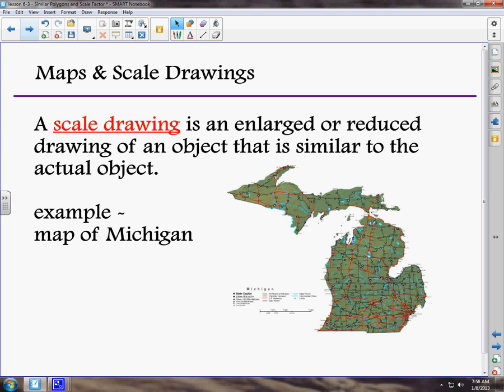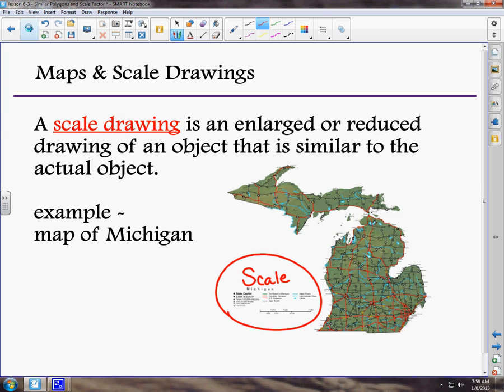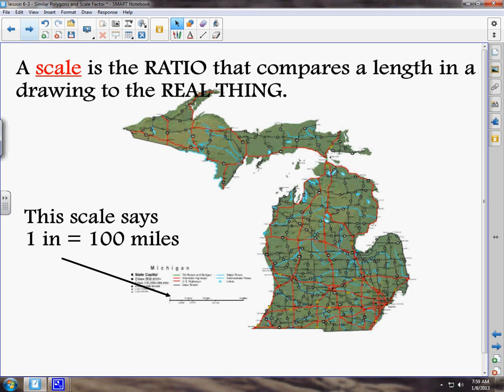So this is very similar to the actual landmark of Michigan, and then it has a scale here that we use to determine how many miles things are from one another. Okay, so what you're going to have to do is, a scale is the ratio that compares a length in the drawing to the real thing. So the scale for this is 1 inch equals 100 miles.